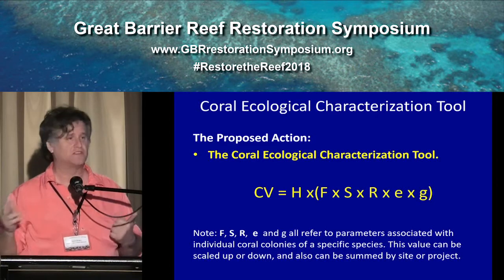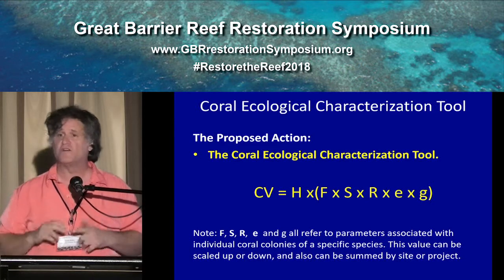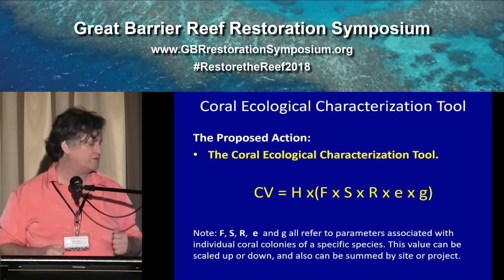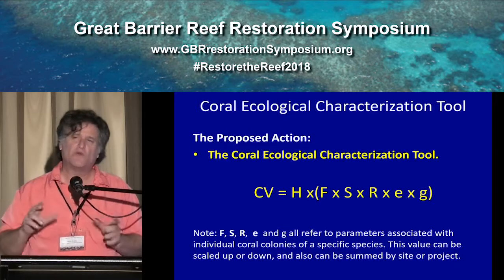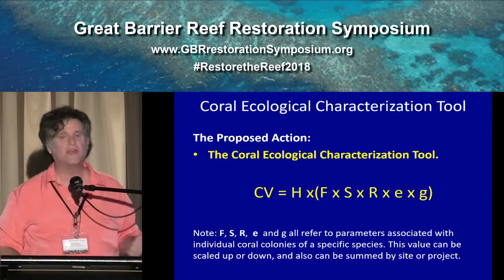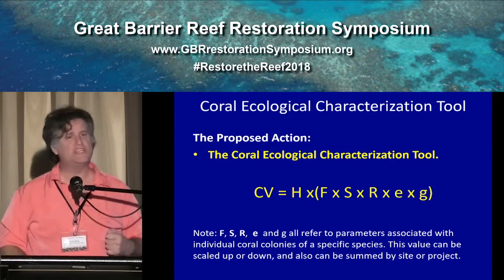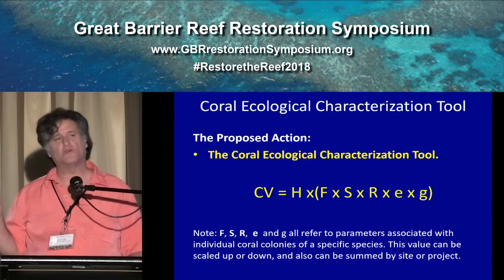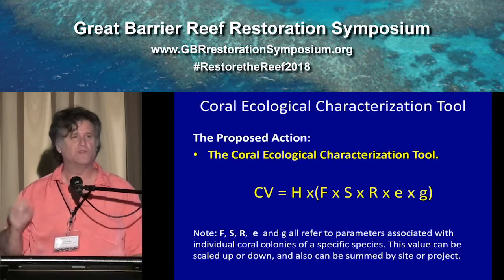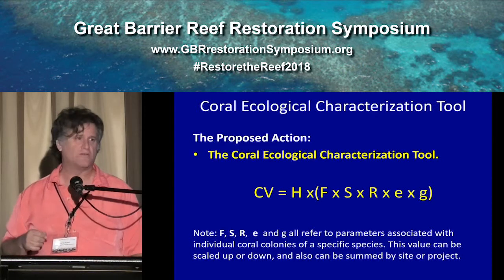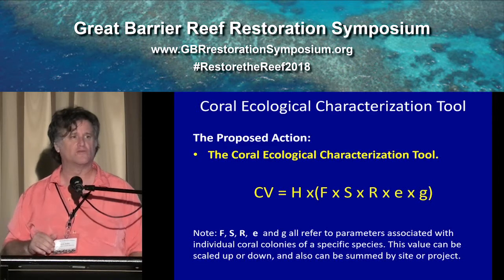Is it encrusting as an adult? Then the size of the colony, in one of those size categories I told you. And then the last three require some knowledge about the species. Is it rare? Rarity. E is endemism. And G is just a placeholder for does it grow really, really slowly. And this applies mostly to massive corals and a couple other unusual forms.